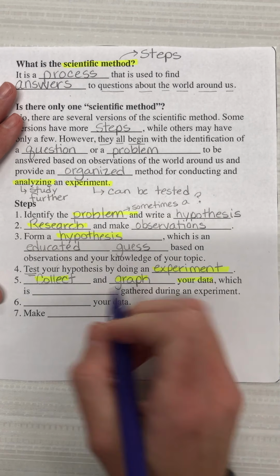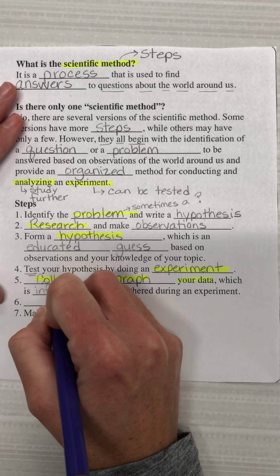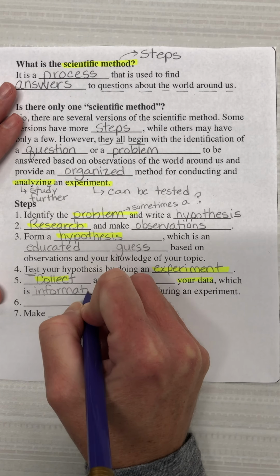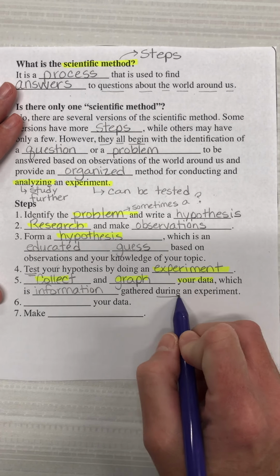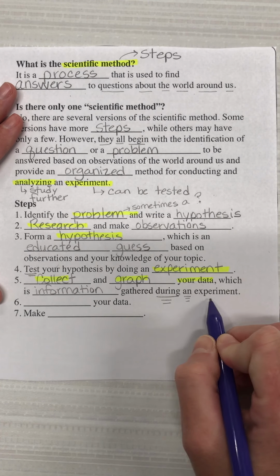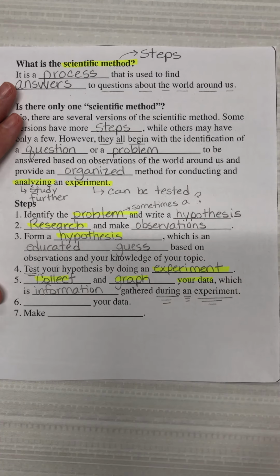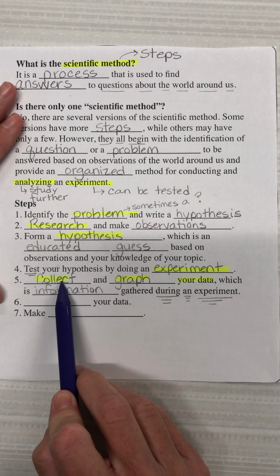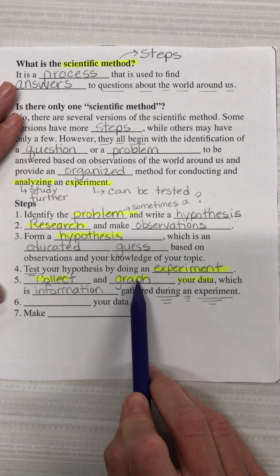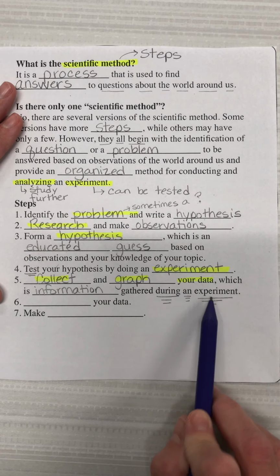And your data is information gathered during an experiment, and you have to gather it during the experiment. So you might be taking tallies of something, or pictures of something, or counting something. That would all be collecting and then maybe putting your data into a graph while you're doing the experiment.